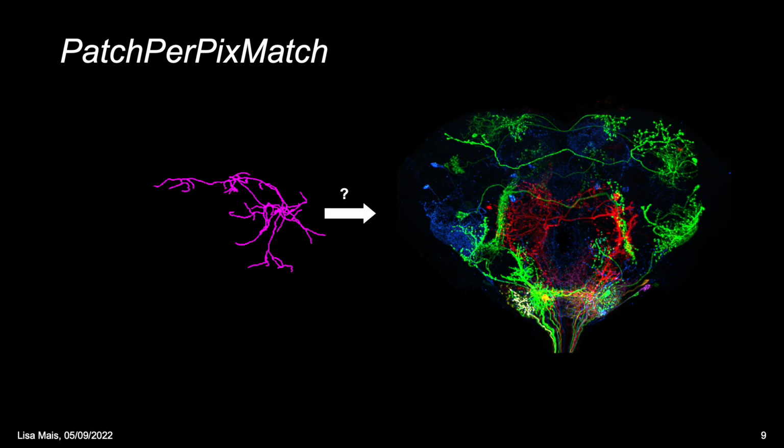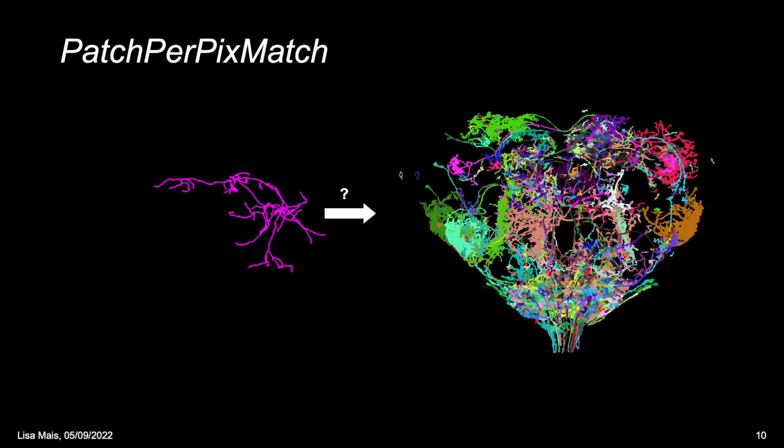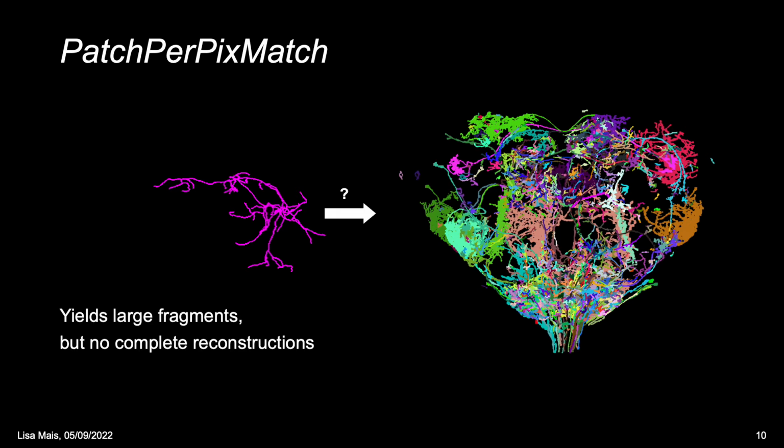Then I want to continue with the matching. We want to check if the given target neuron does occur in a certain MCFO sample. So in the first step, we got our fragments, and we yield large fragments, but we cannot consider them as complete reconstructions.